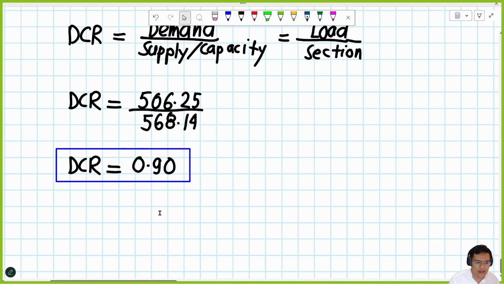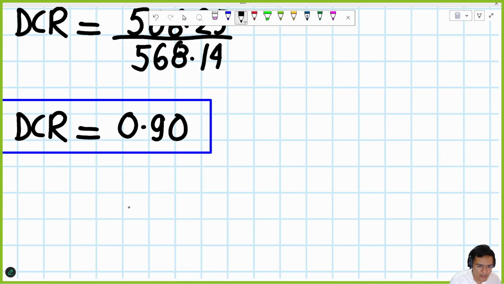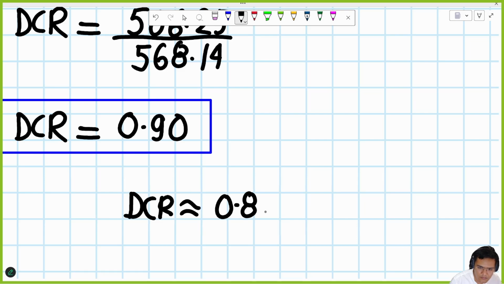Ngayon, siguro magtatanong kayo, ano ba yung usual or desirable na demand capacity ratio? So, ito, mga tips na to on design. Actually, ang sagot doon is depende sa confidence level mo. Pero ako, as a designer, ang rule of thumb ko is I would play my DCR in this range, from 0.85 to 0.95.